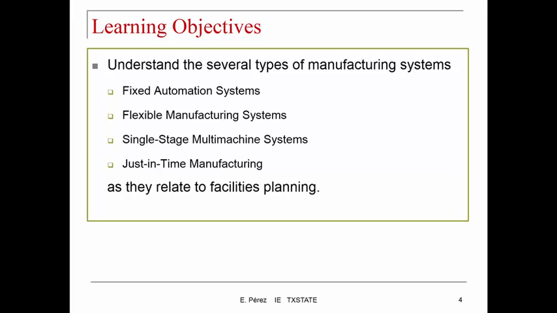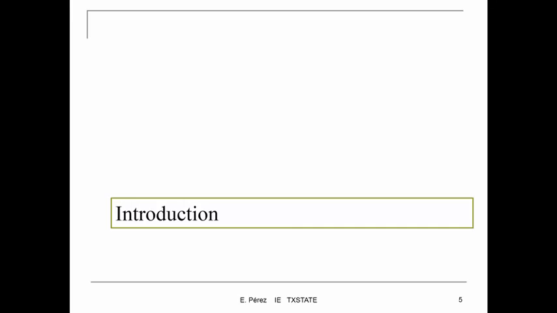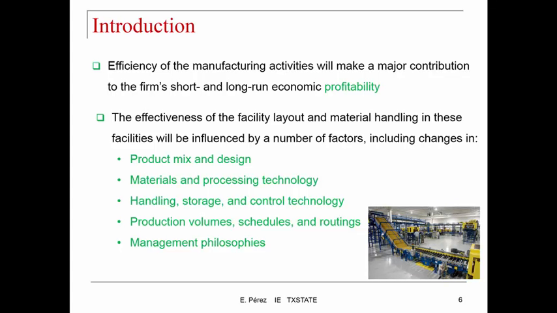So again, this is a way of summarizing what I just said. The objective for this lecture is for you to understand the several types of manufacturing systems as they relate to the planning of your facility. Efficiency of manufacturing activities will make a major contribution to the firm's short and long run economic profitability.